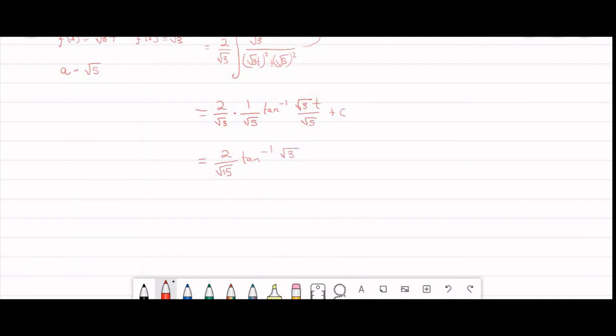So where I see t, I will substitute, we remember we said that t is equal to tan of 1 over 2x. So where I see t, I'll substitute tan of 1 over 2x over a square root of 5 plus c. So this will be our final answer.